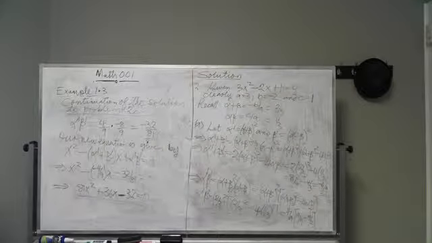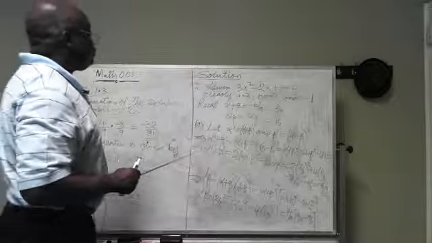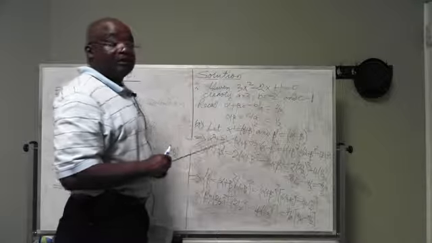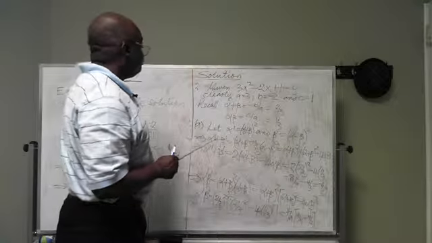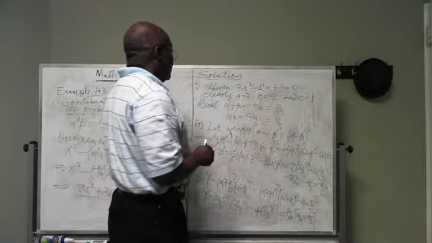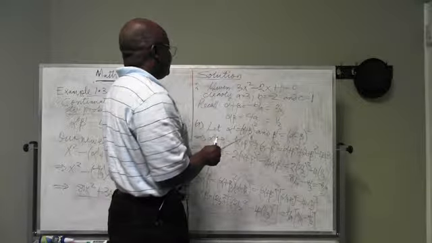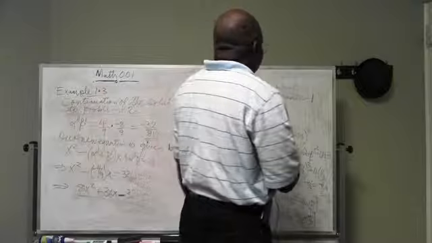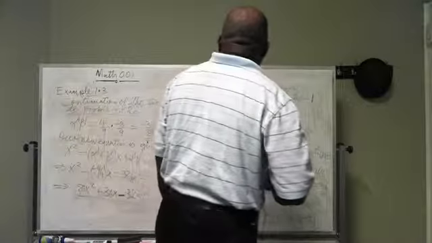Now let me explain how we came about this. The roots of the new equation are alpha prime equals alpha plus beta all squared, and beta prime equals alpha minus beta all squared.